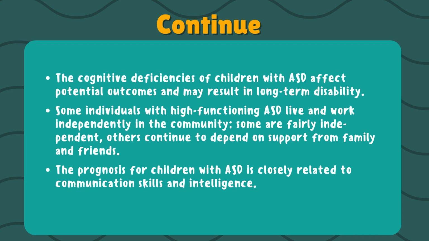Some individuals with high-functioning ASD live and work independently in the community. Some are fairly independent. Others continue to depend on support from family and friends. The prognosis for children with ASD is closely related to communication skills and intelligence.